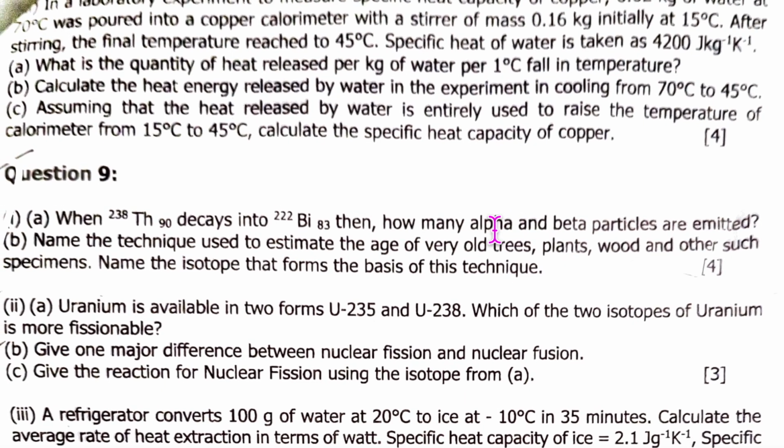Calculate the heat energy released by water in the experiment in cooling from 70 degrees C to 45 degrees C, assuming that the heat released by water is entirely used to raise the temperature of the calorimeter from 15 degrees C to 45 degrees C. Calculate SHC of copper.